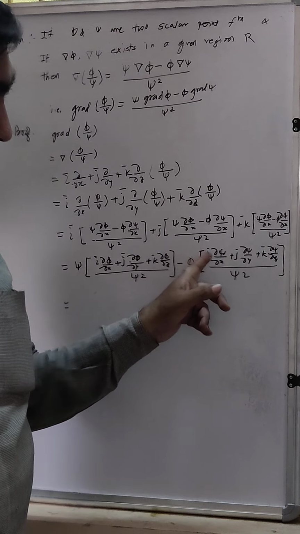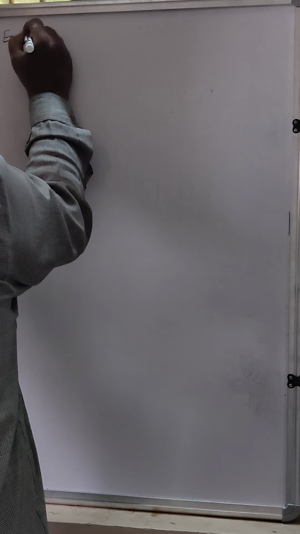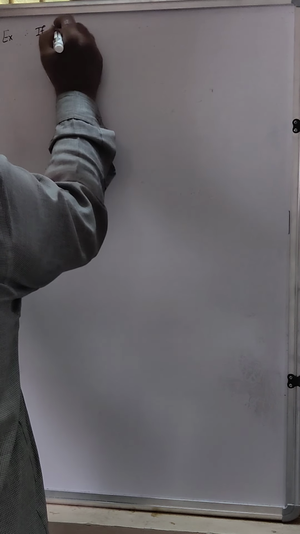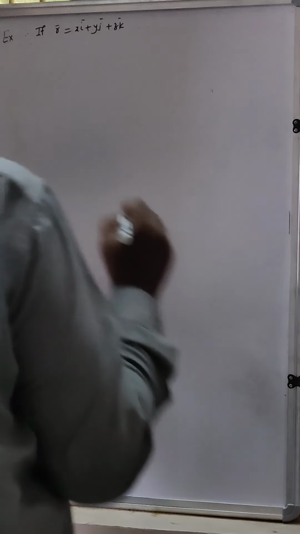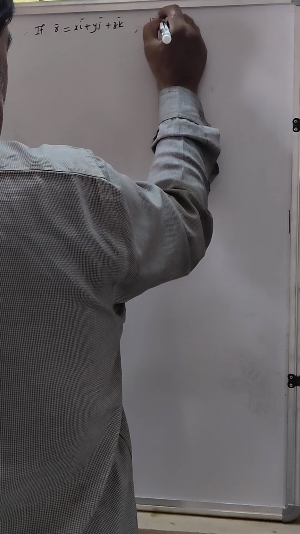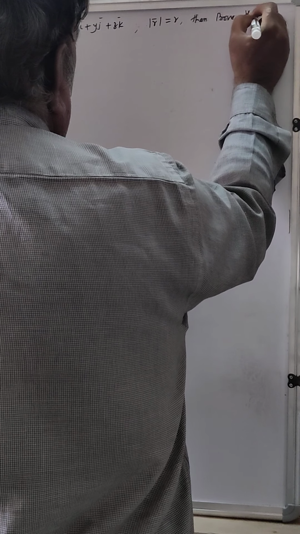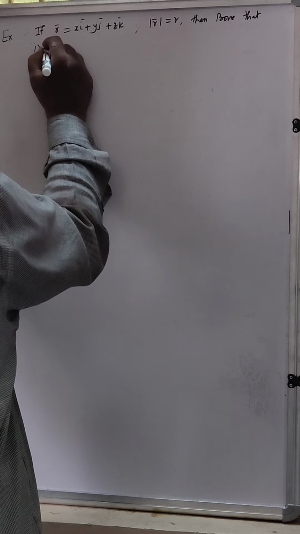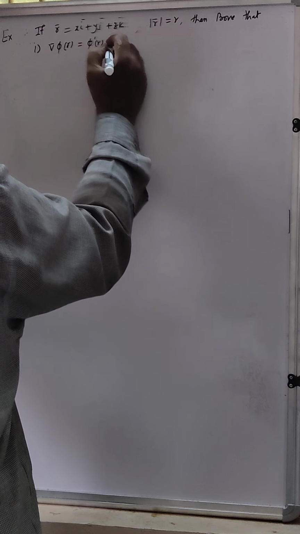Next, some examples. Example: if r vector is equal to xi plus yj plus zk vector, and the magnitude of r vector is equal to r, then prove that first, del phi of r is equal to phi dash r del r.